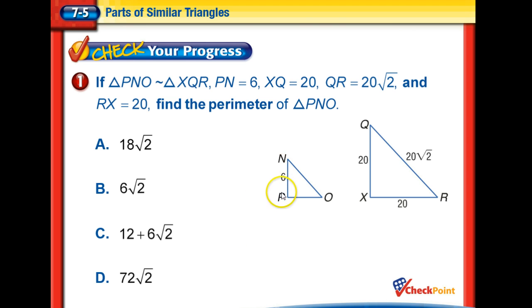So again, we know that this segment PN is 6, and this segment XQ or QX is 20, and we're looking for what is the perimeter of triangle PNO, and it does tell us that they're similar. So you may need to pause this for a minute so that you can do your work.